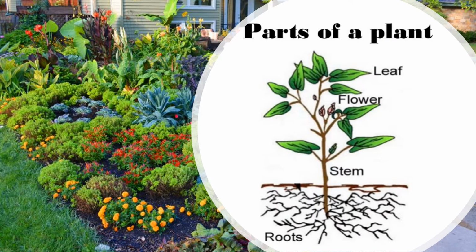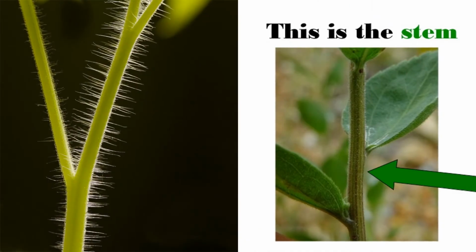So let's look at the parts of a plant. We have leaves and flowers and stems and roots, just like in your garden. Let's look at them carefully. So here we have a stem.